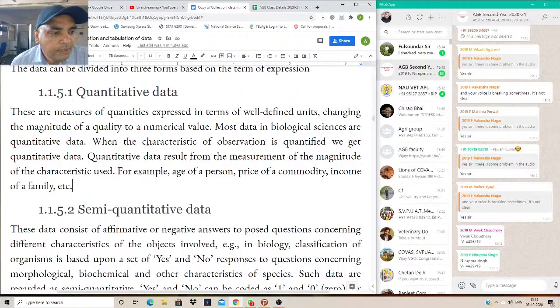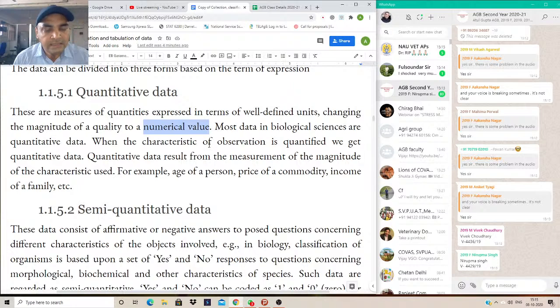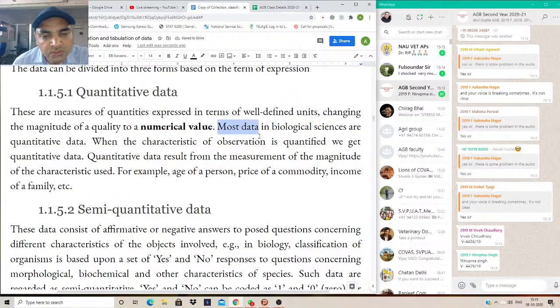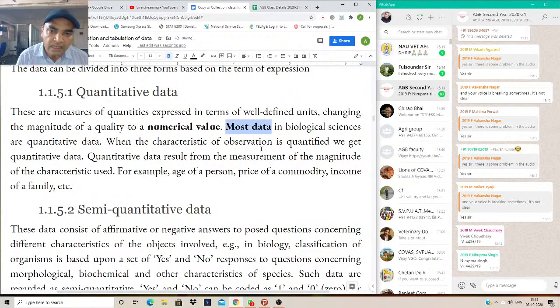So quantitative data are measures of quantities expressed in terms of well-defined units, changing the magnitude of quality to a numerical value. So one essence is the numerical value. This is very important: most data in biological sciences are quantitative in nature.